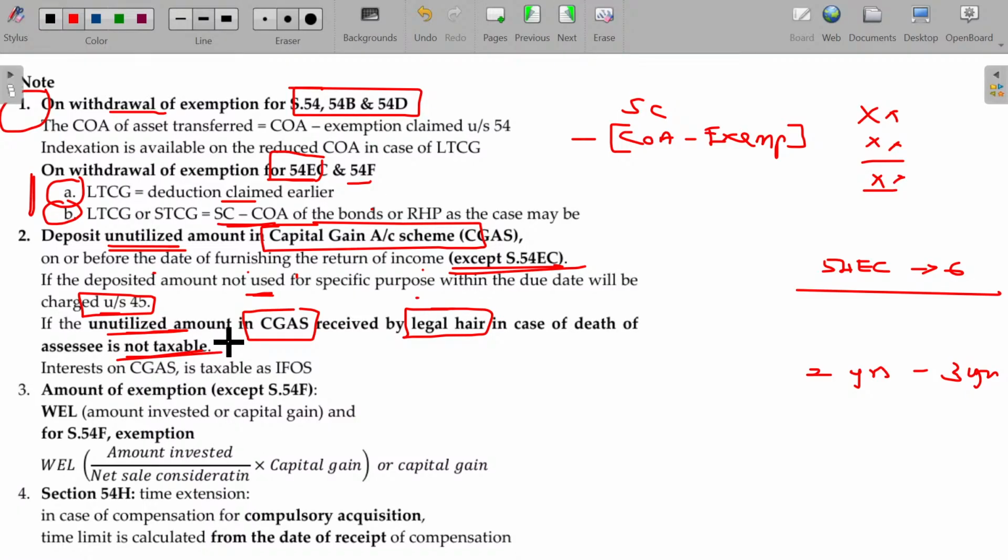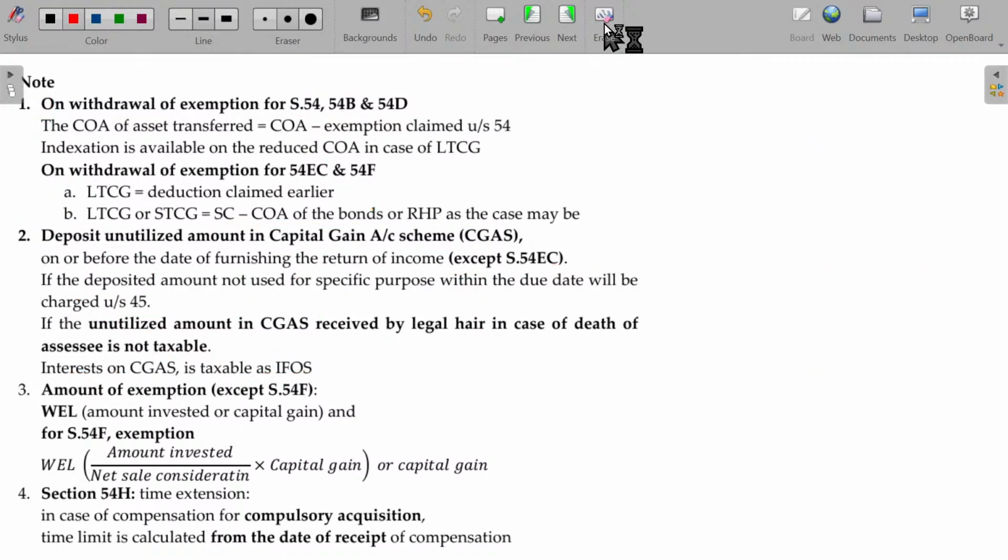After the death, if it is transferred to the legal heir, not taxable. If there is any interest on the CGA scheme, it is considered as income from other sources. So you have to understand, except 54EC, in all other cases, the amount that remains unused will be deposited in the capital gain account scheme. Okay. And in case of exemption under section 54F, we have to use the proportionate exemption method.